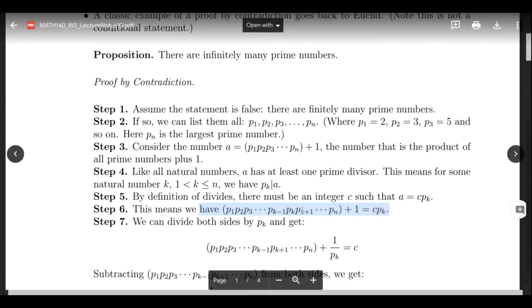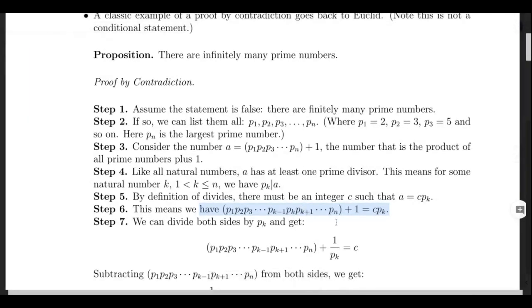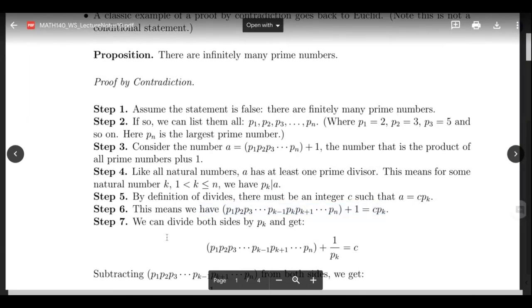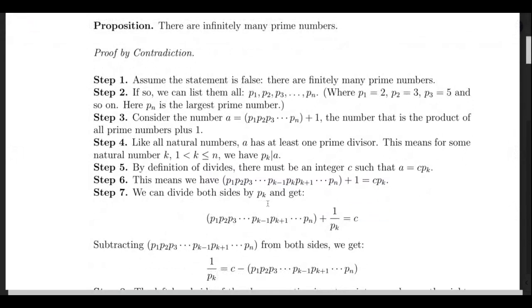Pk is one of these primes. That means we can divide both sides by Pk, right?